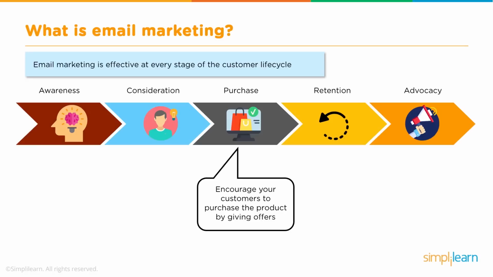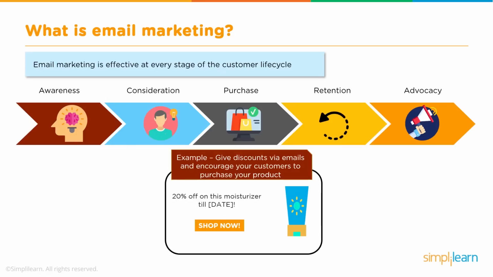Let's talk about purchase, the next step in the life cycle. With purchase, we can send an email that encourages that customer to purchase our product by offering them something, by giving an offer. For example, we can give a discount. Discounts always tend to work. So that moisturizer that particular customer was considering buying, they can move from consideration to purchasing because we're going to offer them a discount they can't refuse.